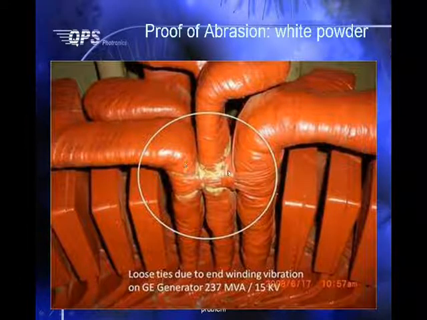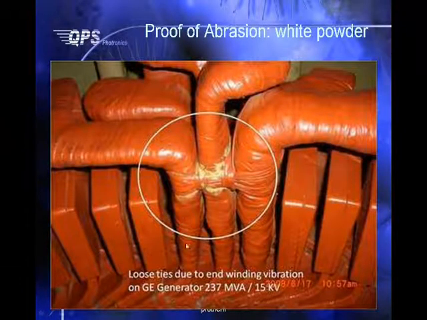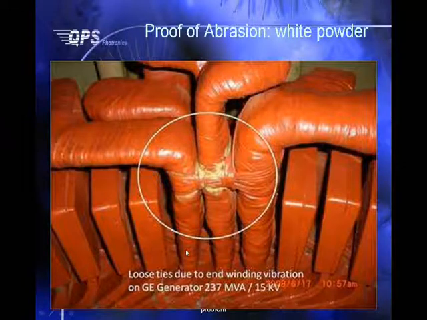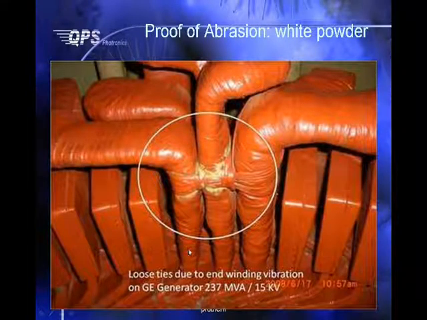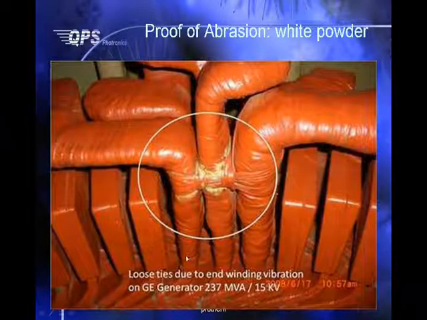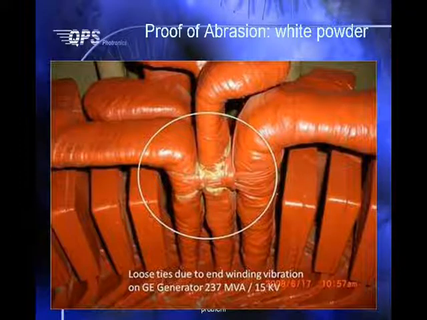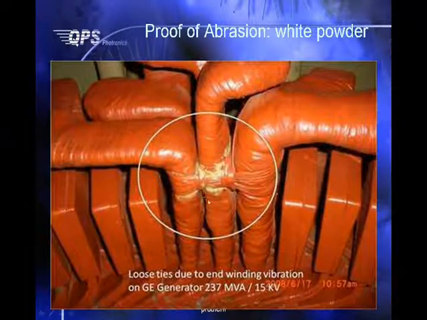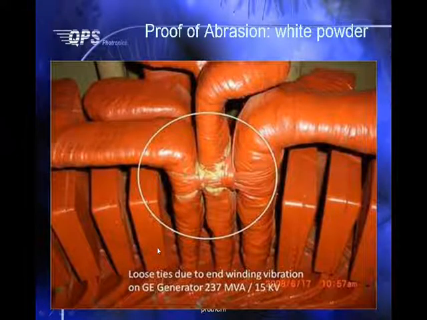Hence, they concentrate in some locations like here. The evidence of the white powder shows that rubbing has occurred and partial discharge has also happened. So by the time you see it, this is already getting to the late stage.